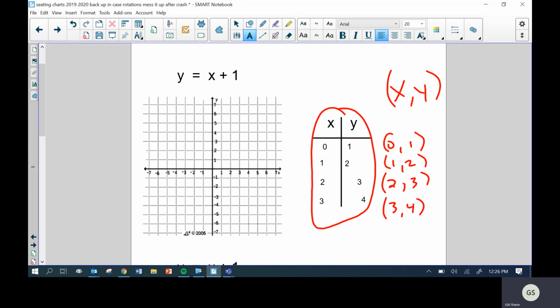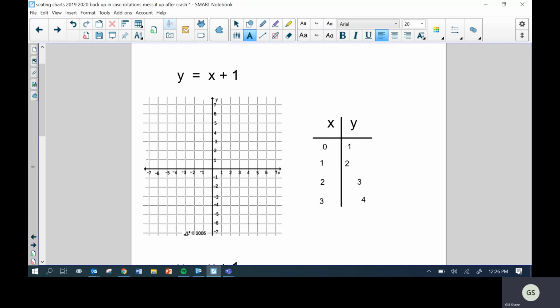So I have 0, 1, which, oops, it's kind of hard to put it in the exact right spot. Let me try again. I have to make those dots a little bigger. 0, 1. Oh boy, that's not where 0, 1 goes. What am I thinking? 0, 1 goes right there. And then 1, 2, and then 2, 3, and then 3, 4.